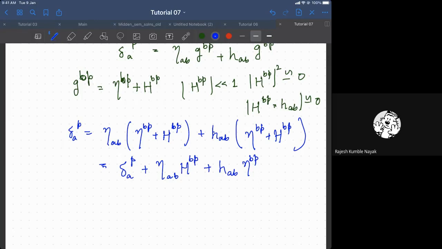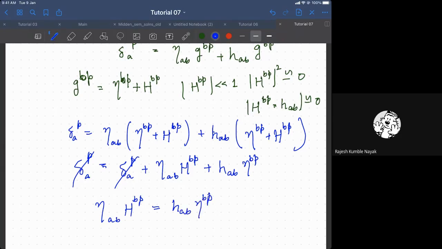Now here we also have delta_AP coming from the original metric. These two cancel out, and then we have eta_AB H^BP is equal to minus h_AB eta^BP.